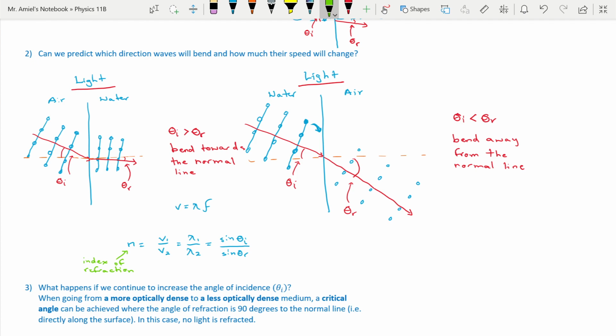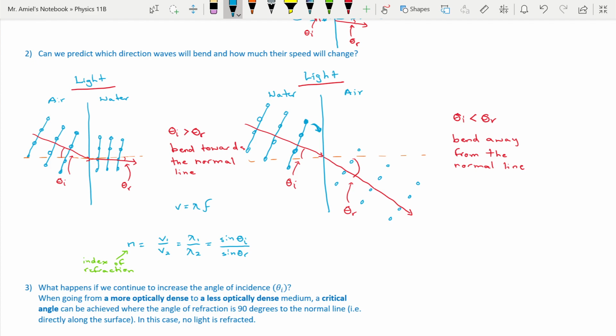Okay, so the index of refraction for light especially, and we're going to be especially interested in light, is another way to describe how much slower light is traveling in water versus air. Actually, let's introduce another relationship.